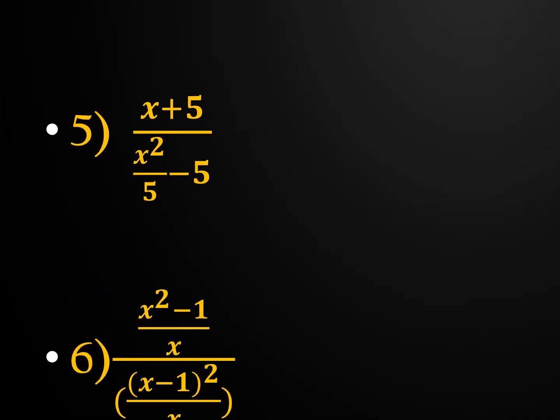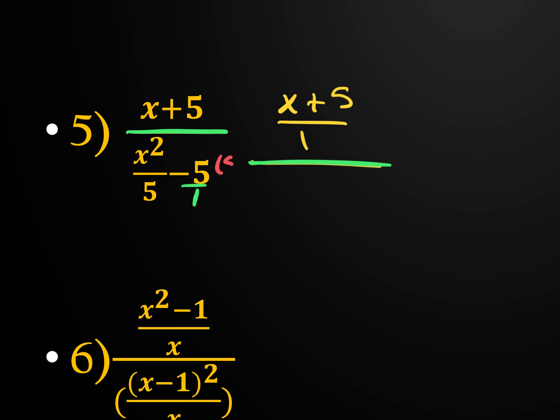Number 5. So again, this is my main fraction bar. So my numerator is the x plus 5, and I'm going to put it over 1. And then my denominator, I need to find a common denominator. So my common denominator is 5. So I'm going to multiply this one by a 5.